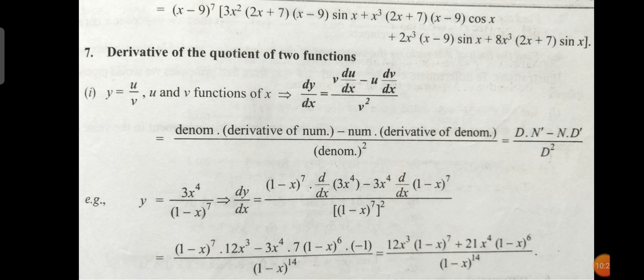That is, denominator into the derivative of the numerator minus numerator into the derivative of the denominator, divided by denominator square. It's the quotient formula. Okay, d n dash minus n d dash by d square, where d and n are the denominator and numerator. Okay, and an example is given.